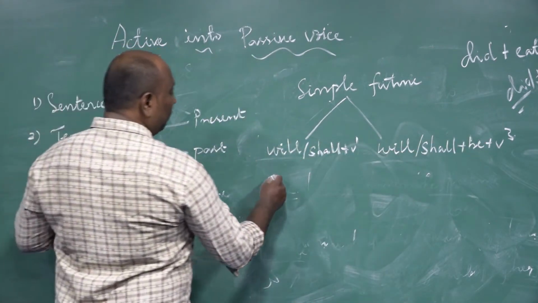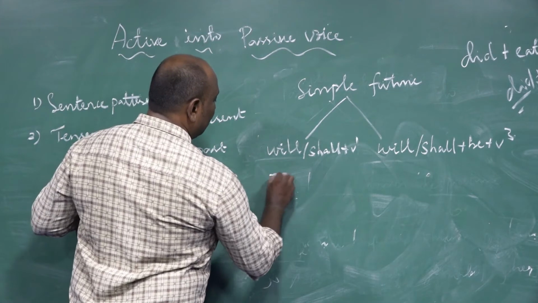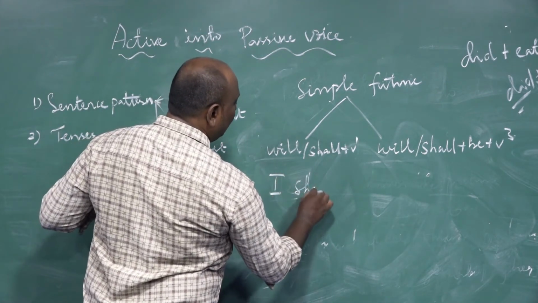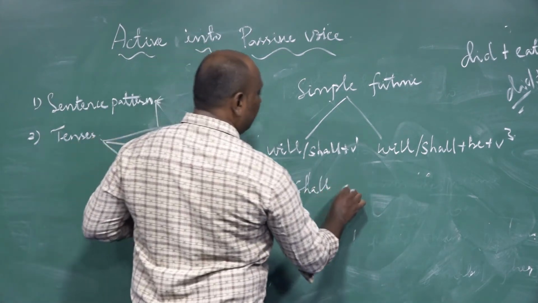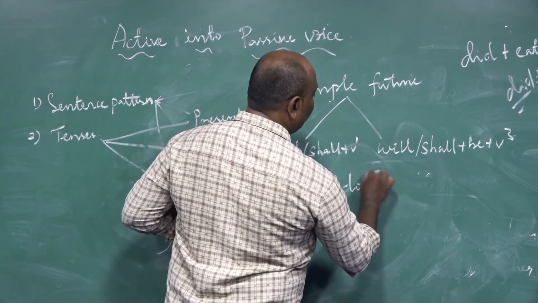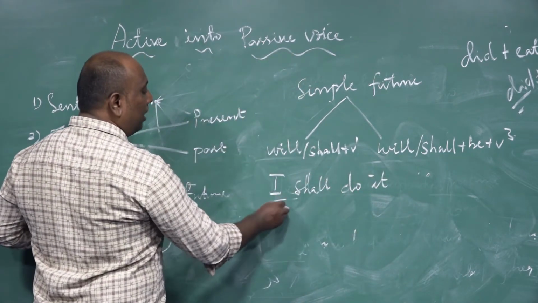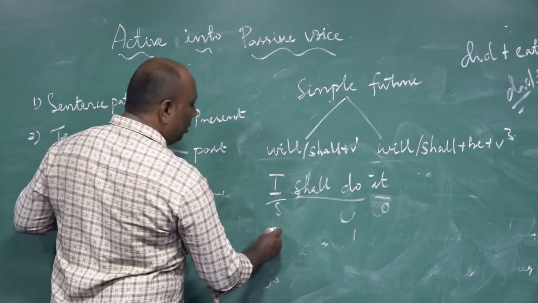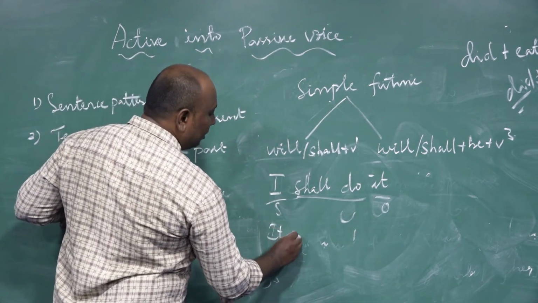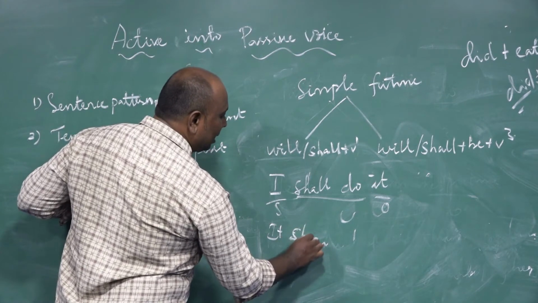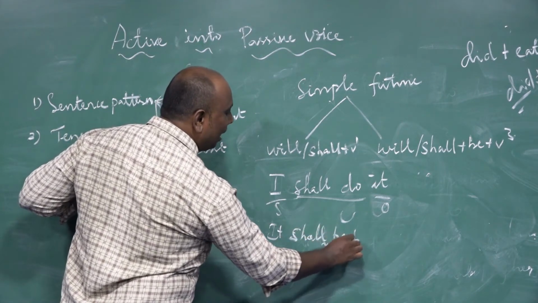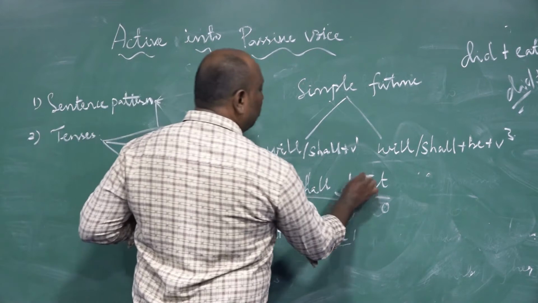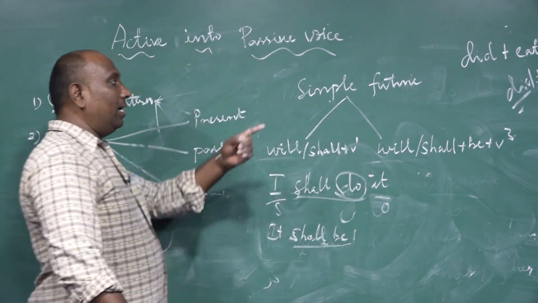For example, I shall do it. So I is the subject, shall do is the verb, it is the object. So the object will come here: it. And for passive, what is required? It shall be. And write down the three forms: do, did, done.